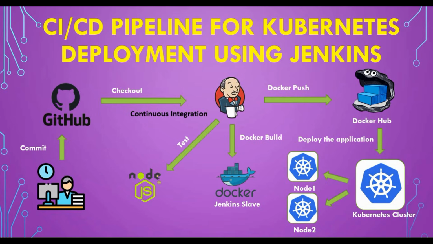We also showed you the complete pipeline for the Kubernetes Jenkins master integration, so you can use that pipeline. I'll be giving you the GitHub link in this video description, so you can refer there, and you can also see how we have written our deployment and service YAML file which we used to deploy our application.